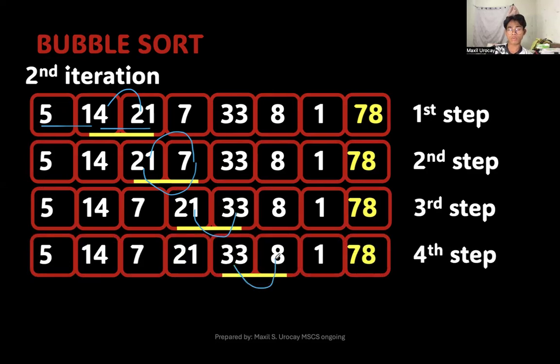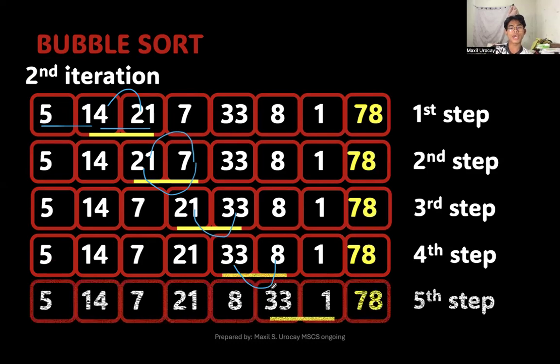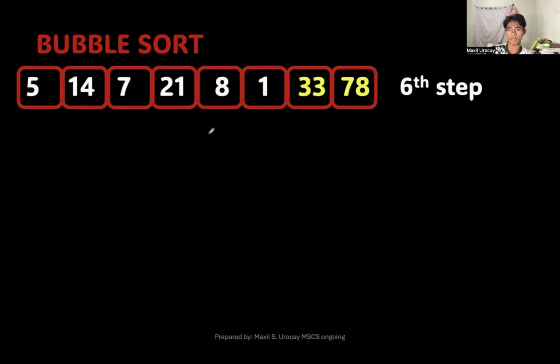Then 33 and 8, 8 is less, so we swap the two. And 33 and 1, 1 is less, so we swap the two. Now 33 is already in place and sorted.